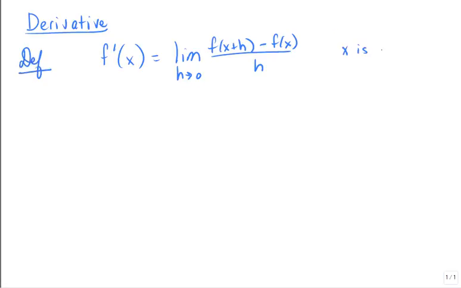And x is any point that this is defined on. So before we used a, a specific point, so that was the derivative at a point. Now x is going to vary, and let us find the derivative at any point.